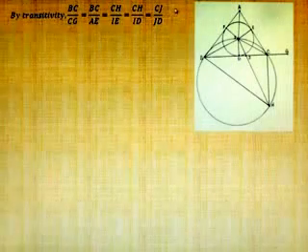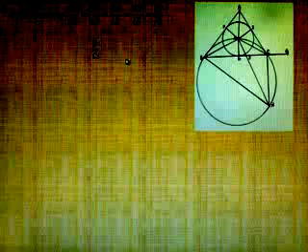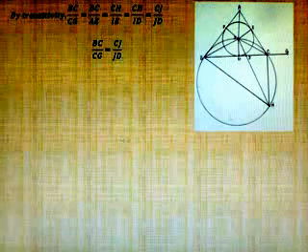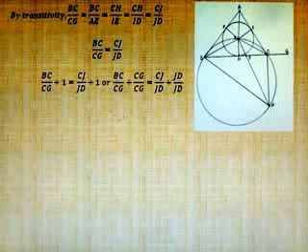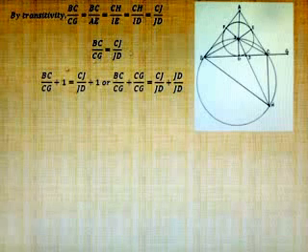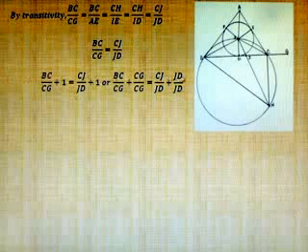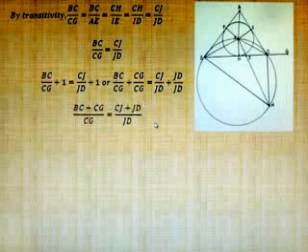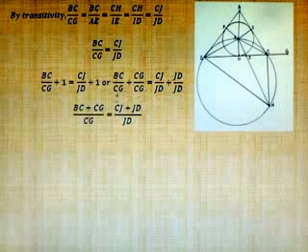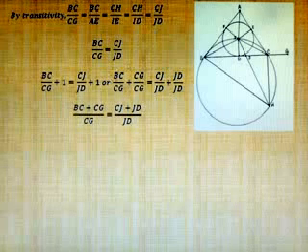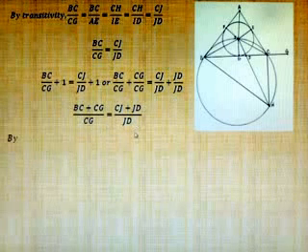So let's take this ratio comparison here: BC is to CJ as CJ is to DJ. And what I want to do is add 1 to both of these sides. For this one, I'm going to use CG over CG, and for this one, I'm going to use JD over JD. And adding these together, with common denominators, here are our numerators, here are our denominators.